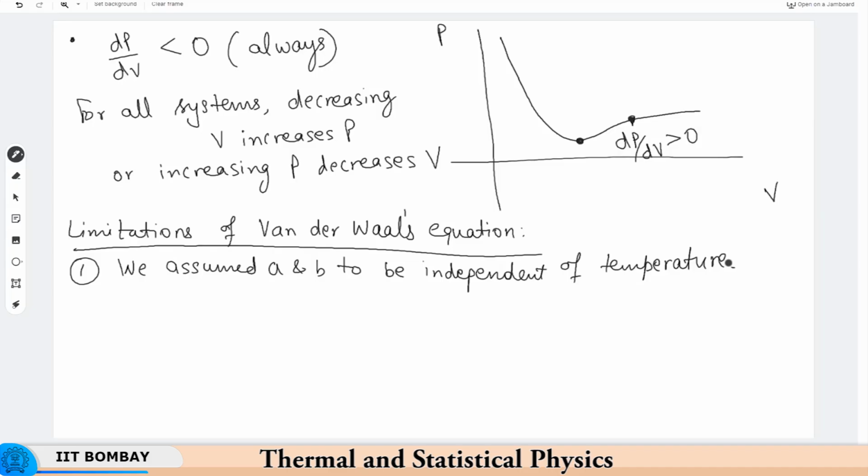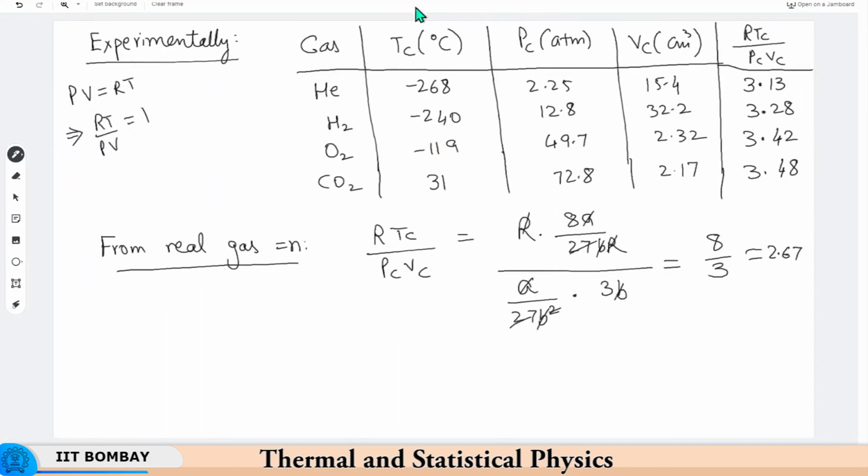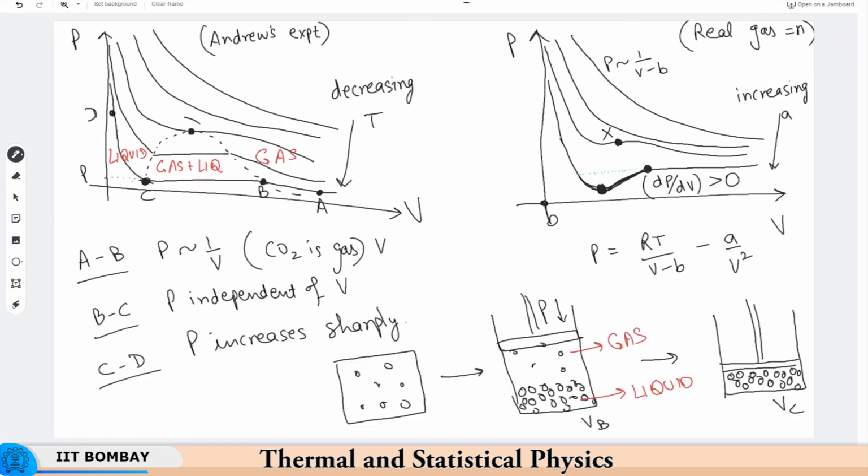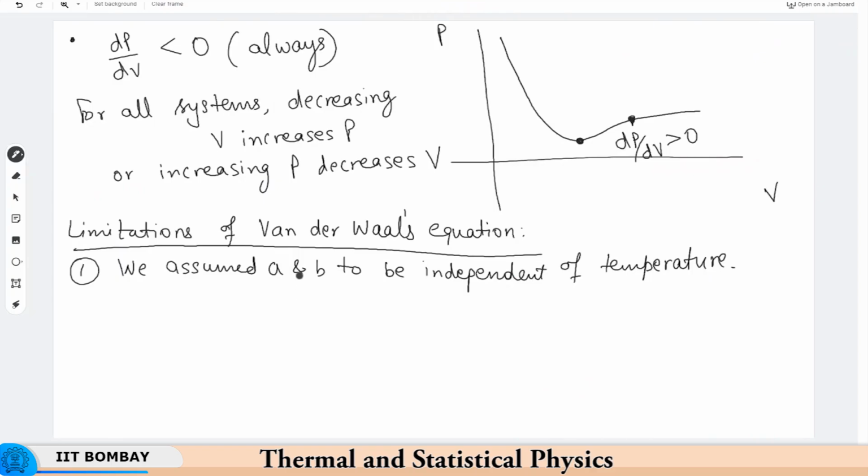So it doesn't have to be constant, and we already see signatures of that. You can see that RTC by PCVC is not really constant for all the systems. So it does vary, right? So that is one limitation. It's not very straightforward to include that variation of these parameters as a function of temperature in this theory.